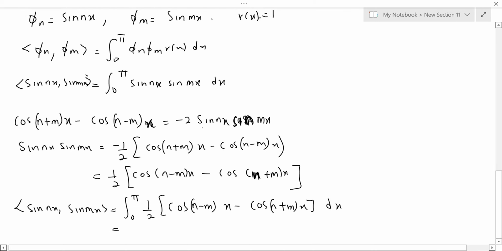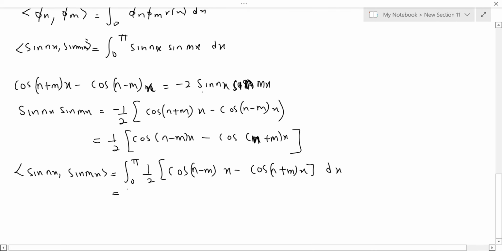So if you bring out your 1 over 2, you take the integral from 0 to pi of cos(n minus m)x minus cos(n plus m)x dx.